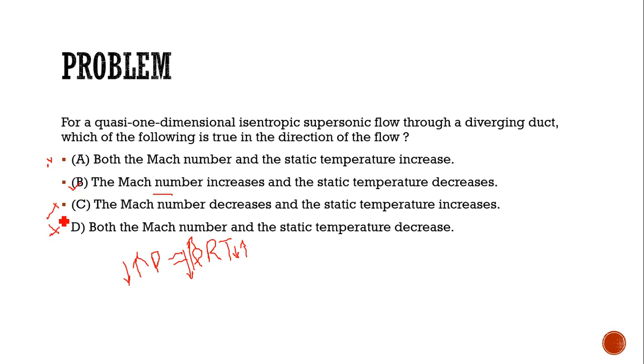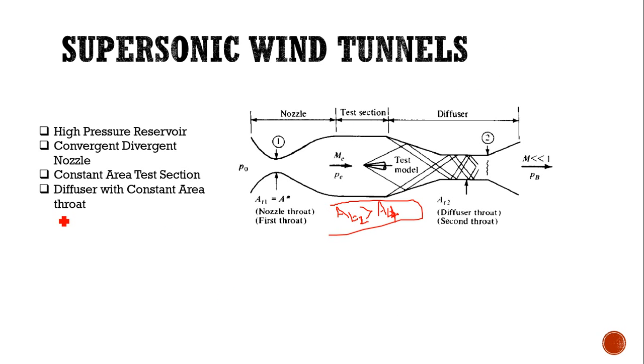Okay, that means here we have a diagram. See, the shocks get reflected over this, and we have a normal shock that is located just downstream of the diffuser throat. So if the normal shock is situated downstream, after leaving the diffuser we will get the flow velocity less than 1.